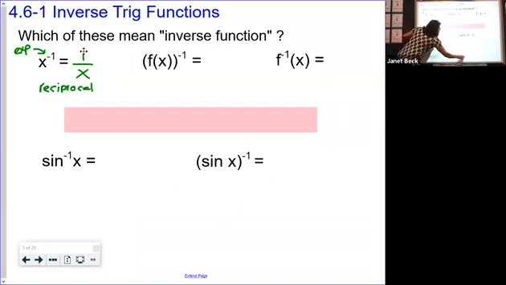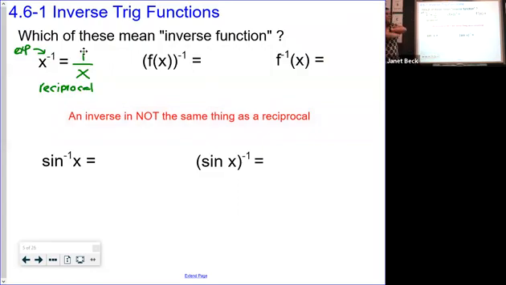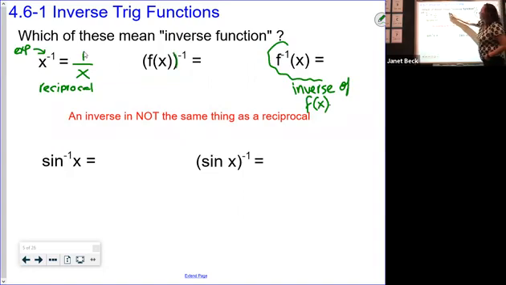And in math, an inverse is not the same thing as a reciprocal at all. So when you see what looks like the power -1, you have to understand it in context and ask, are they asking me for the inverse or the reciprocal? This here means the inverse function, inverse of function f of x. This, written this way, means the reciprocal of f of x, 1 over f of x.